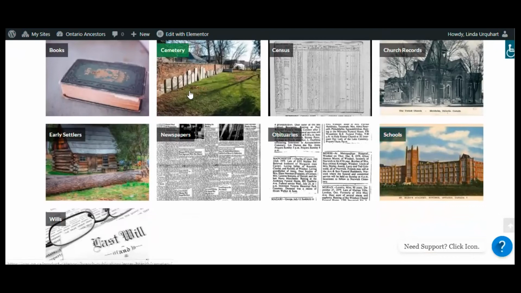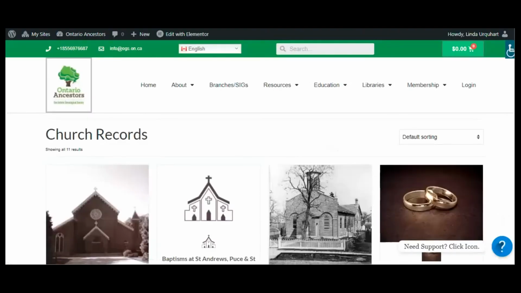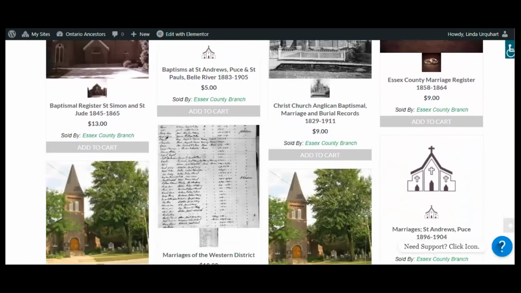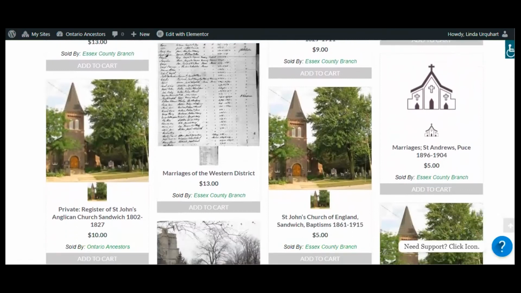So for example, everything is categorized under either books, cemeteries, census, church records, early settlers, newspapers, obituaries, schools, whatever. And for example, if you were interested in purchasing some church records, they are then listed in somewhat alphabetical order.